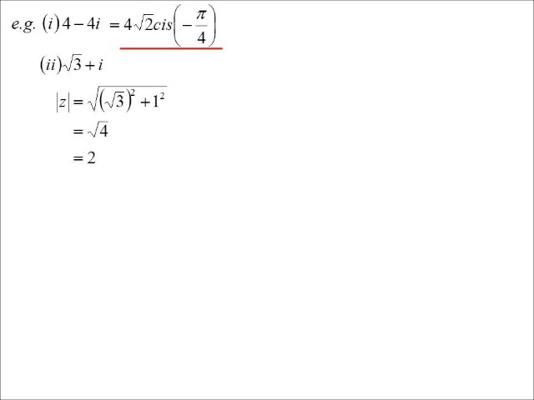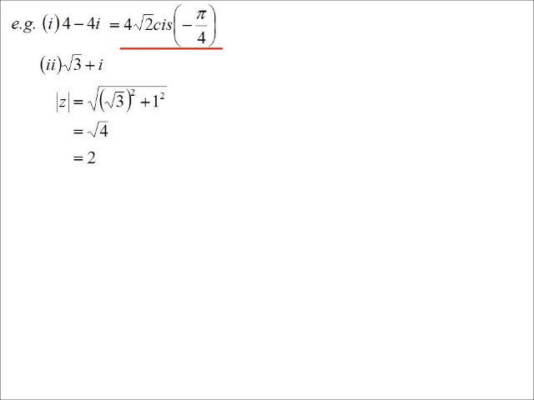So back to our 4 minus 4i, that would become 4 root 2 cis minus pi on 4. Cis, by the way, if you haven't worked out, is cos plus i sine. The angle won't change, so it doesn't matter that we didn't put an angle above the cos and the sine. So root 3 plus i: I'll find its modulus, the square root of the real part squared plus the imaginary part squared.